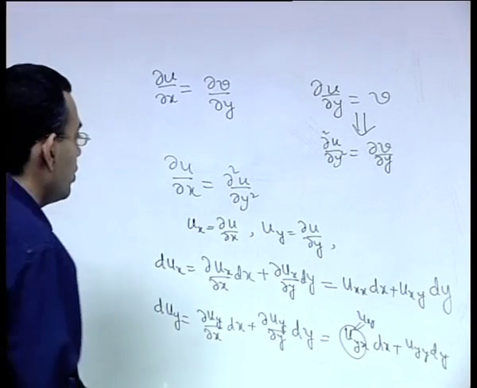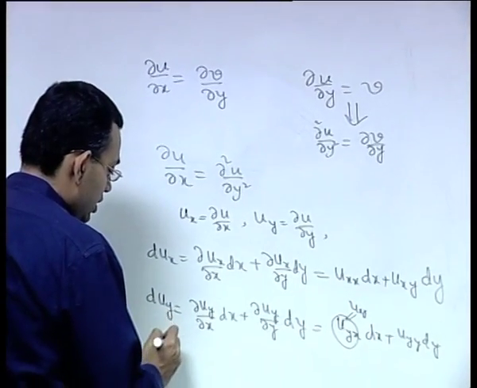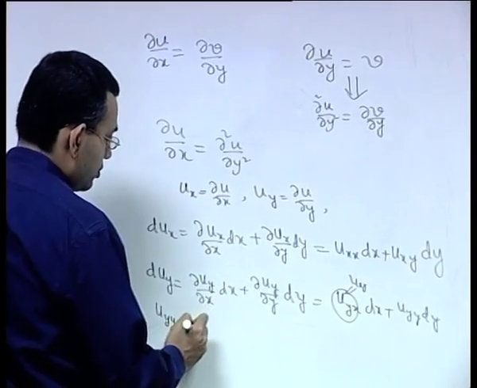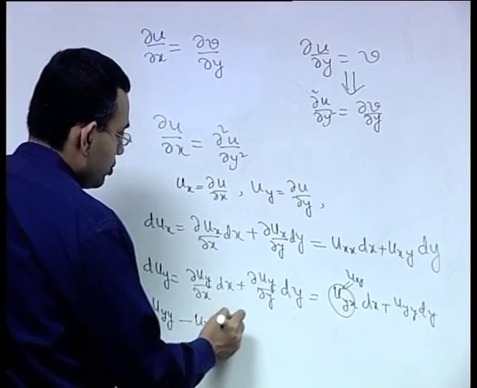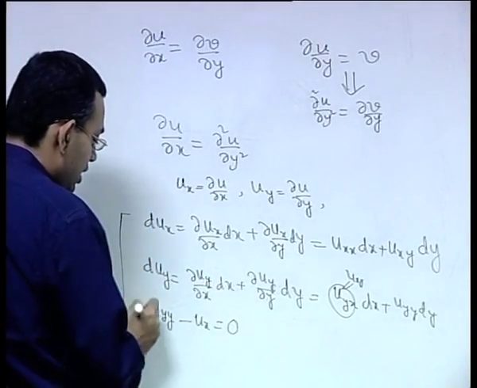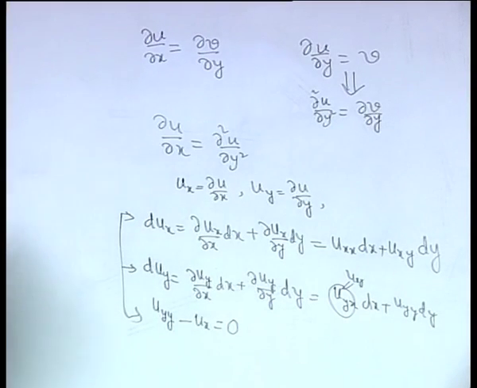And what is the given equation? Given equation is uyy minus ux equal to 0. So, these are the three equations that we get, and we can arrange these in a matrix form.